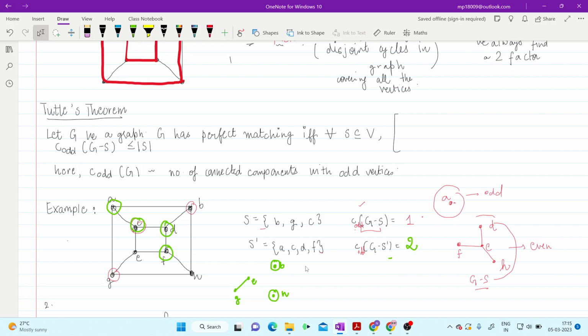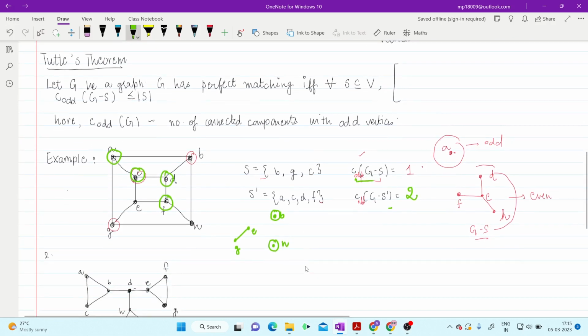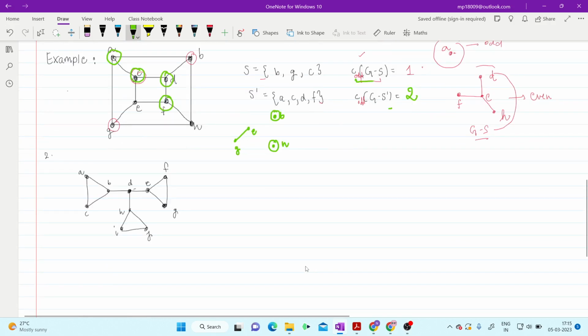So the number of odd connected components is 2. This example was just to demonstrate what o(G minus S) means. Now if we take another example, if this is my graph, what do you think? Does this graph have a perfect matching?